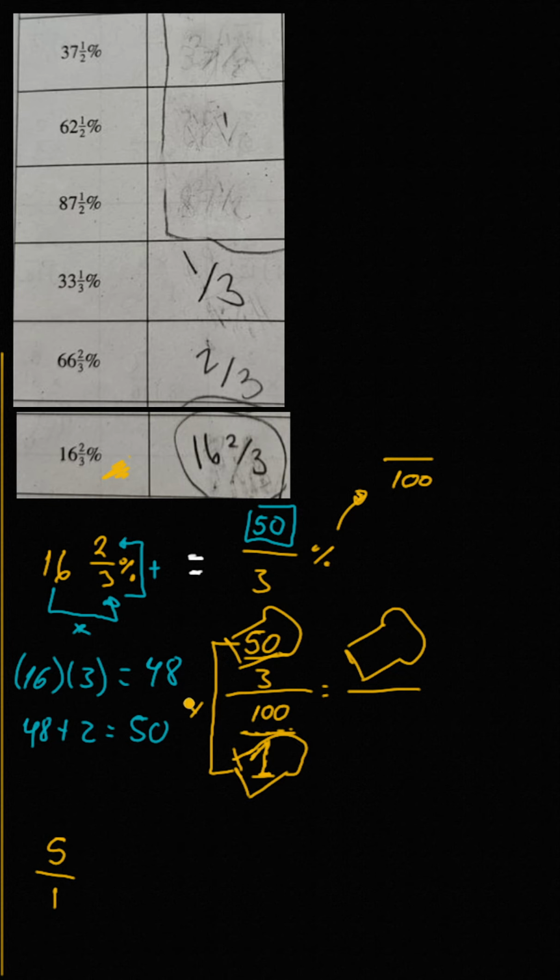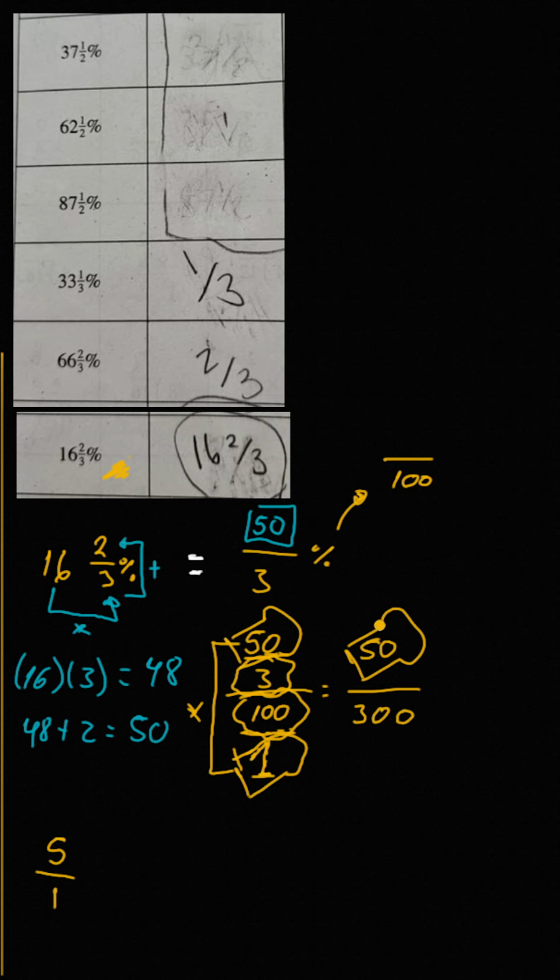So 50 times 1 is going to be 50. And as a good sandwich, you have your pepperoni or sausages or whatever you want to place on your sandwich, and that multiplication is going to go into the denominator. So we are going to have 3 times 100, so it's going to be 300.